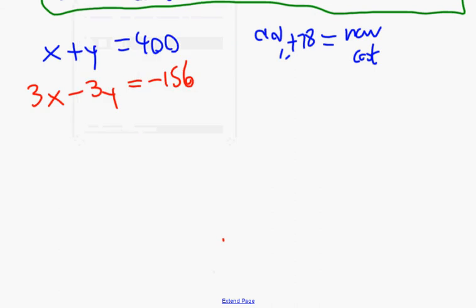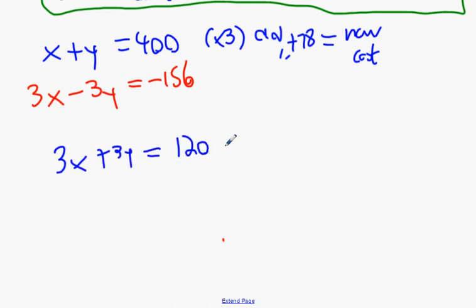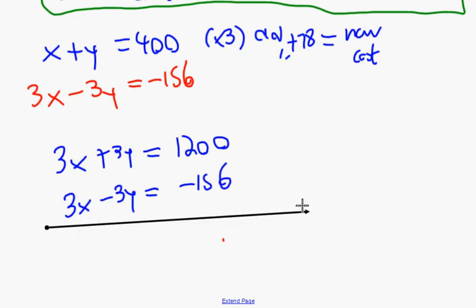What happens next is, guys, we need to multiply the top equation by 3. 3x plus 3y equals 1,200. Then 3x minus 3y equals minus 156. Take them away from each other, and what do we get? 6x equals 1,044.